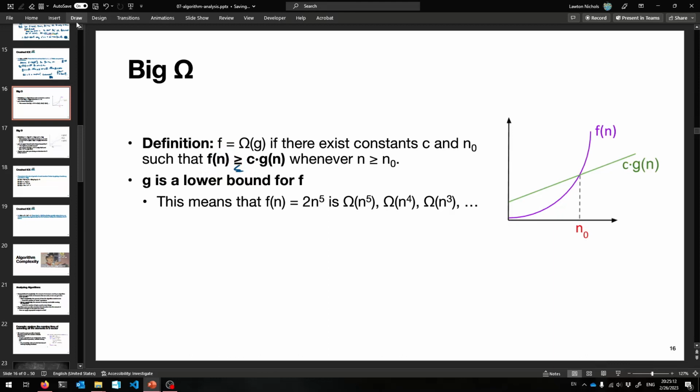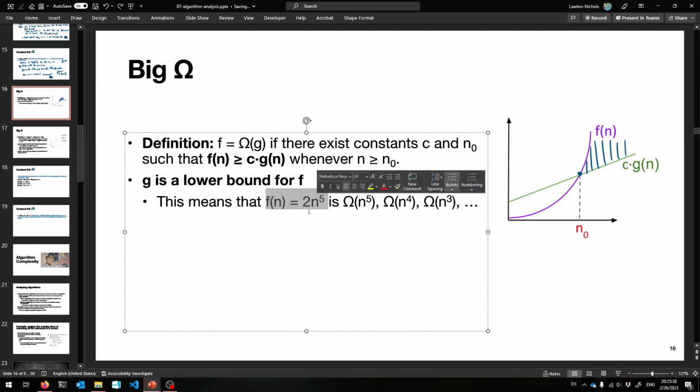That's the important part now. We've flipped the inequality. This was big O. This way is big omega. And so this is saying, eventually, like they're all wobbling around, there's an n naught, some point from then onwards that c times g of n is always smaller than f of n. It's a lower bound. Do you see that? g is a lower bound for f. For example, let's assume f of n is 2n to the fifth.